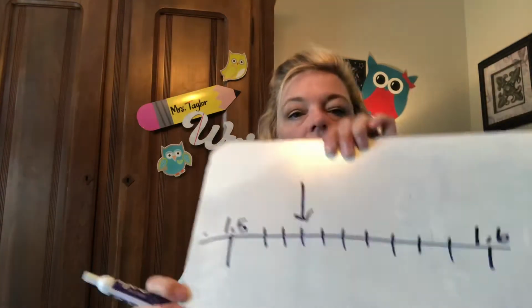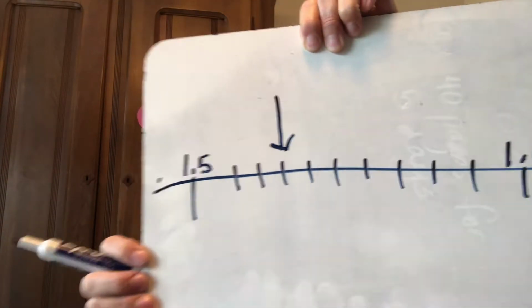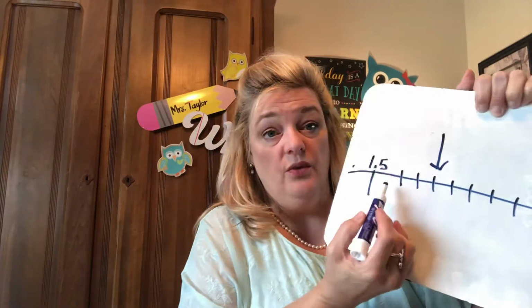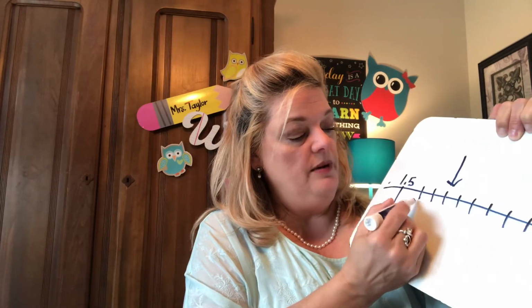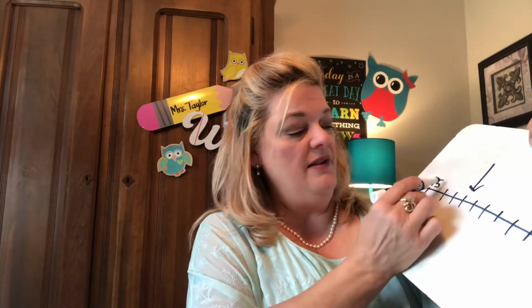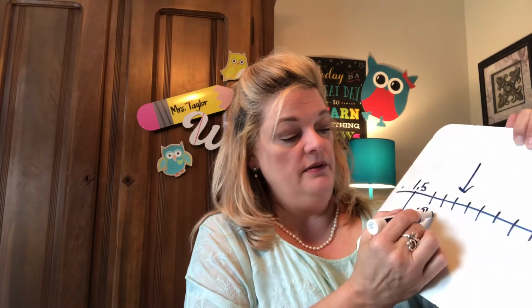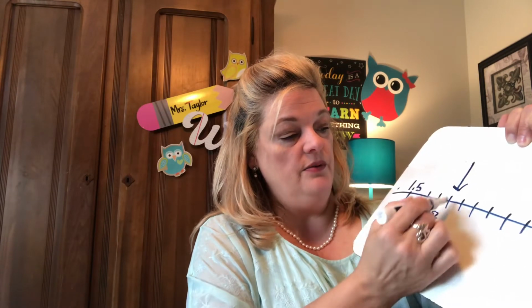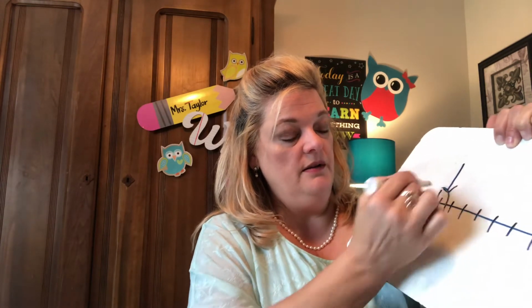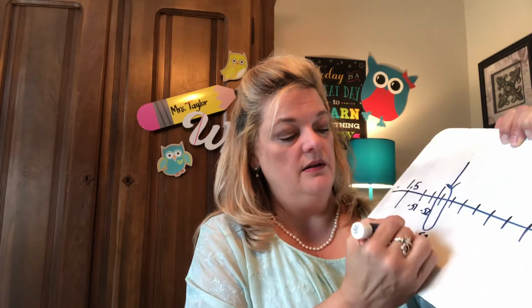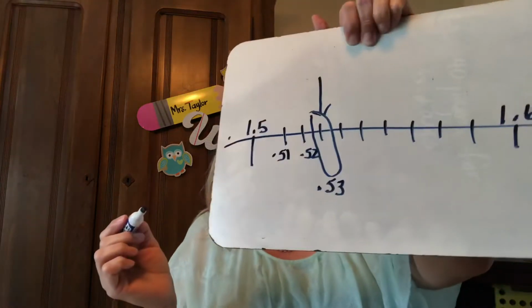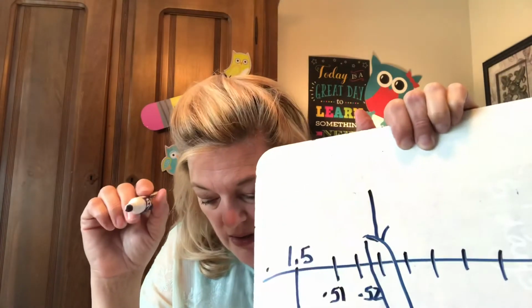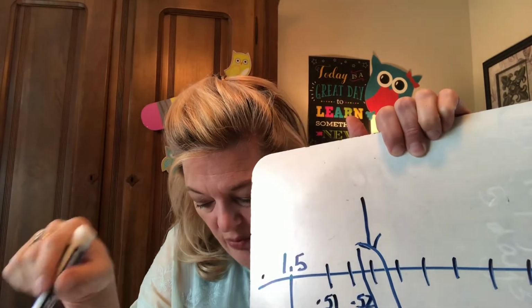Okay. This is 1.51. So this would be 1.50. That's 1.51. That's 1.52. So what would this one be? It would be 1.53. So the question is, to what decimal number is the arrow pointing?